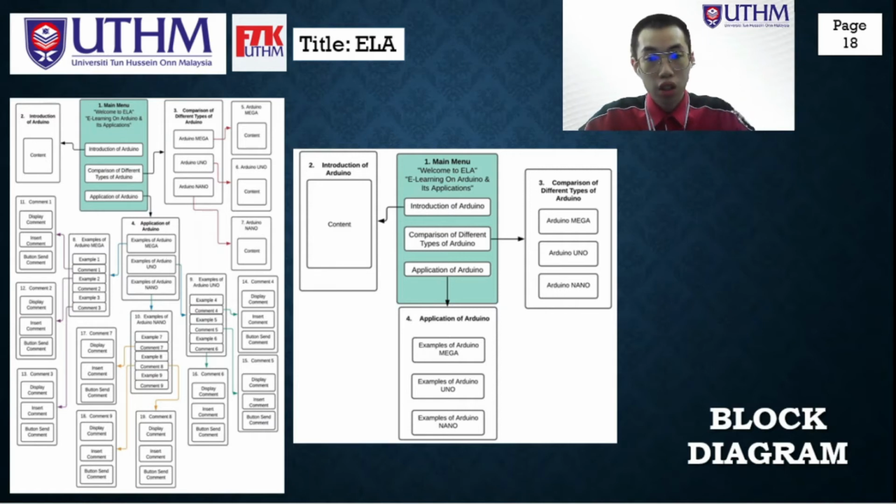You can see the details in the middle, it connects through the buttons, which are the 1, 2, 3 buttons. In detail, the comparison of different types of Arduino connects to Arduino Mega, Arduino Uno, and Arduino Nano, each of which lists the information for that type of Arduino. And the application of Arduino navigates to examples of Arduino Mega, examples of Arduino Uno, and examples of Arduino Nano, each of which has the example and the command feature.